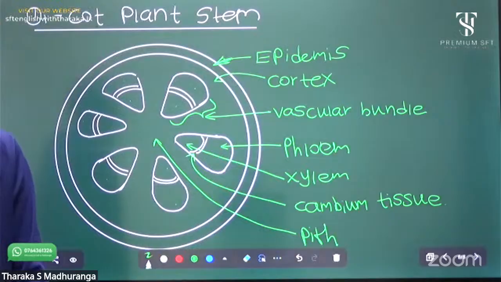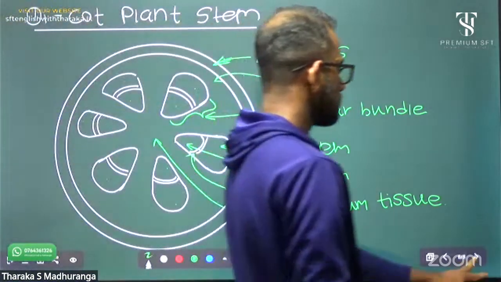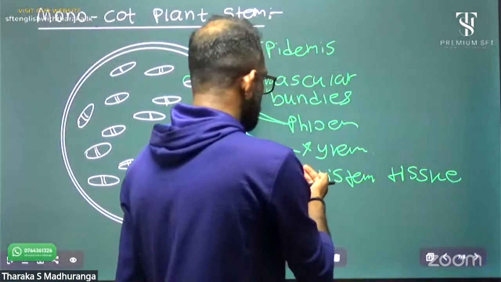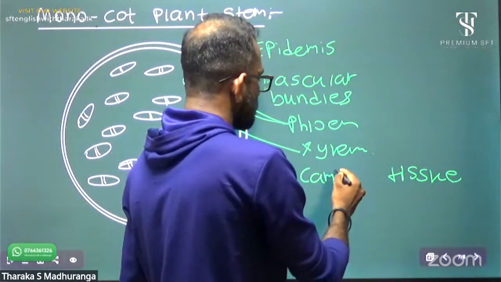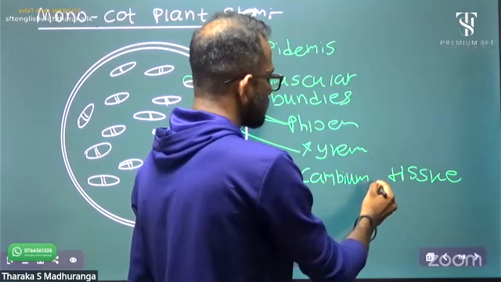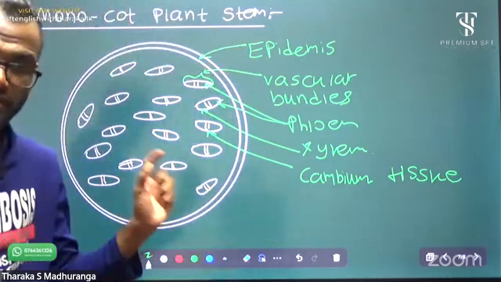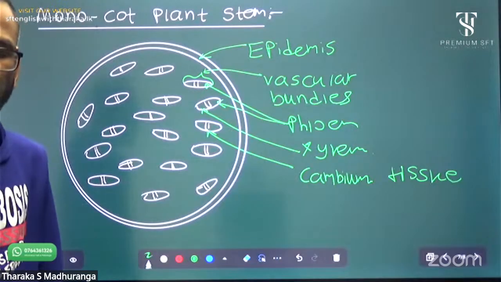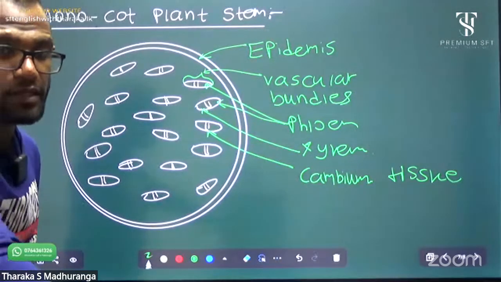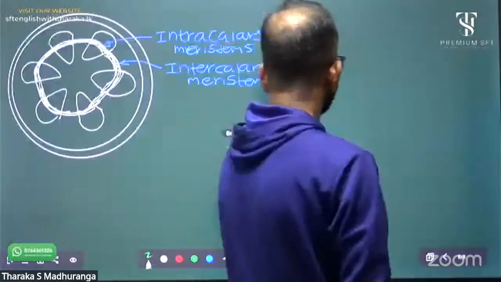Sorry, cambium tissue. This one also cambium, right? Both change to cambium. Not meristem. Meristem is another tissue type. Cambium tissue. Okay, cambium tissue, right? Alright.